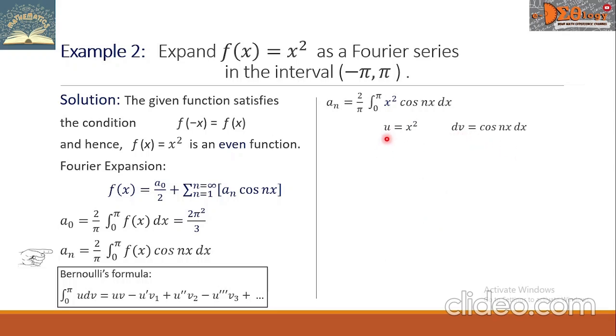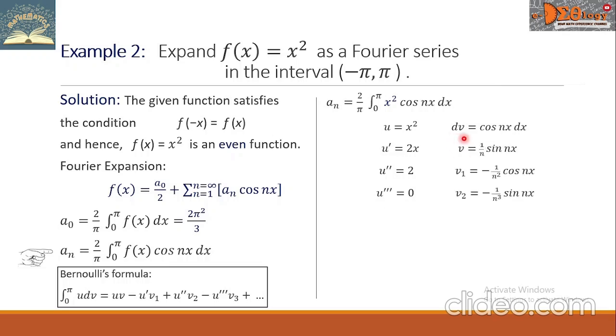It's usual that the u is equal to x squared, and the dv is the cosine nx dx. We take the derivative of the function u until it reaches 0. So u prime equals 2x, u double prime equals 2, u triple prime equals 0, then we stop. For the dv, we will integrate continuously.